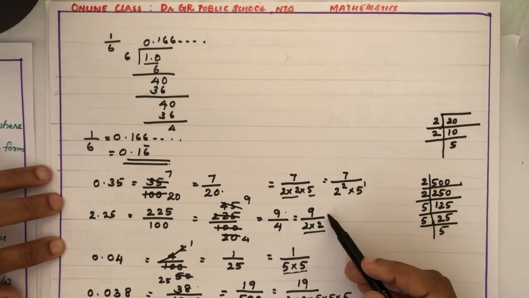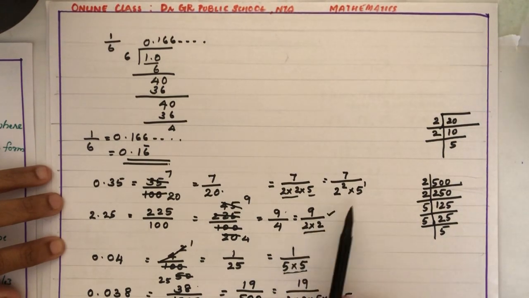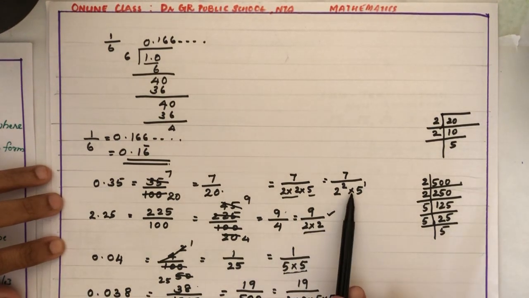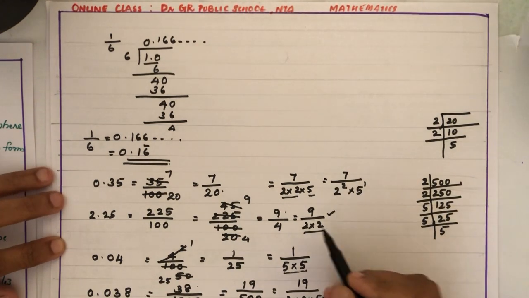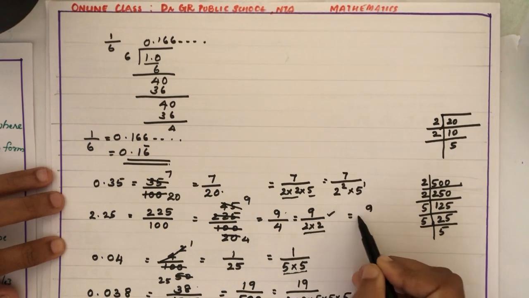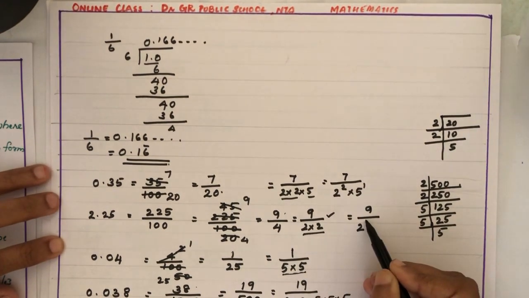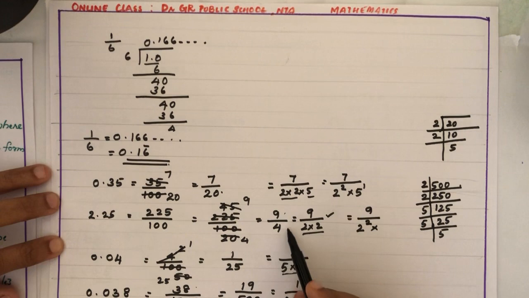Now what about this one? You may think here there is no 5, so how can we write it in this form? But it is a terminating decimal form. This also can be written in the form 2 raised to n into 5 raised to m. See, here we have 9 by 2 square, 2 into 2 written as 2 square. Suppose there is 4, it can be written as 4 into 1.